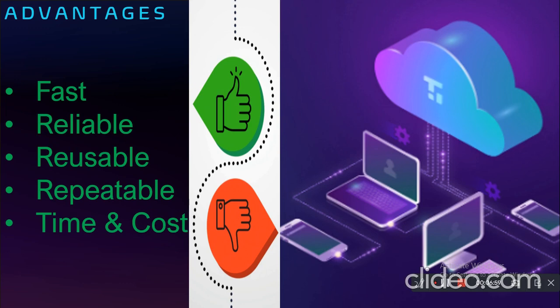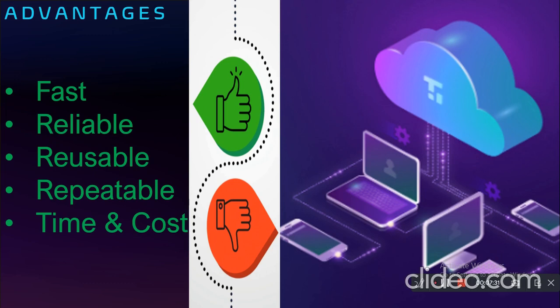Okay, then reliable. Reliable means an automation tool performs the same operation each time if you repeatedly test the application multiple times, so that we can eliminate human errors. Then coming to reusable. Here, reusable means automation scripts are reusable on different versions of the application or websites.